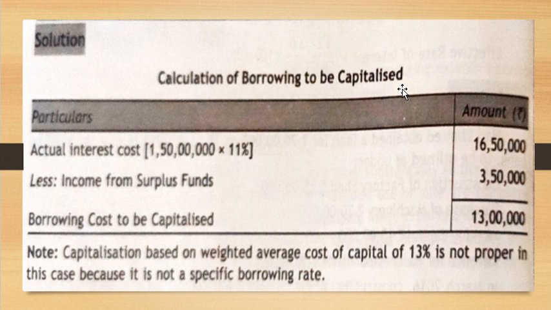The actual interest cost is 1 crore 50 lakh into 11%. Here the full amount is taken for construction of a plant, that means for a specific purpose. There is no general loan taken in this problem.